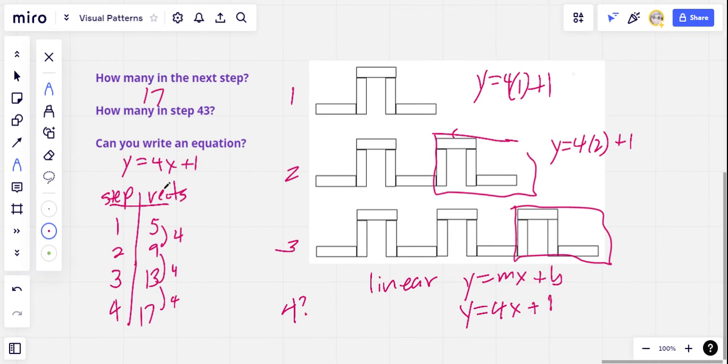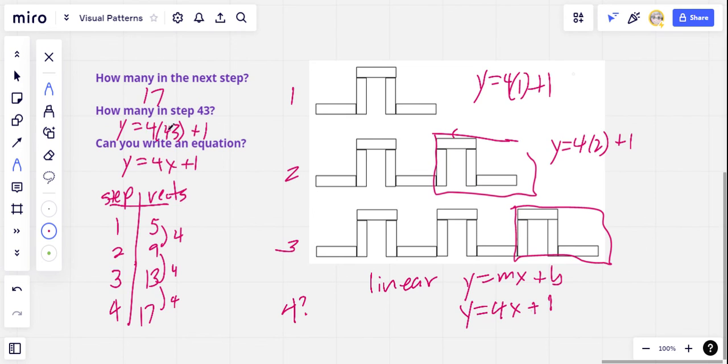Once you've got an equation that works, and you may want to test it with step 3 just to double check, you can use it to find any step at all. So let's find step 43. So y equals 4 times step number 43 plus 1. All right, now we have to multiply 43 times 4.